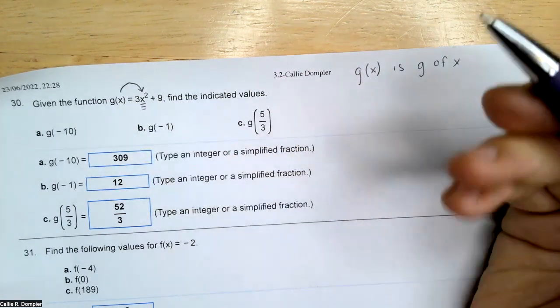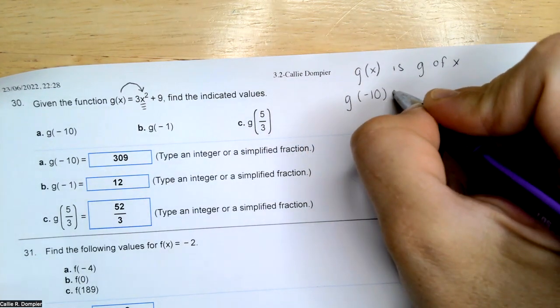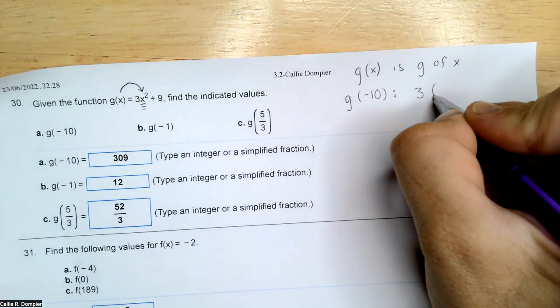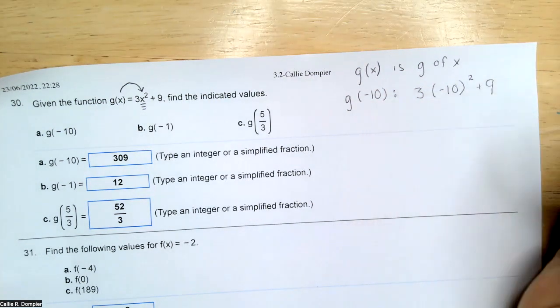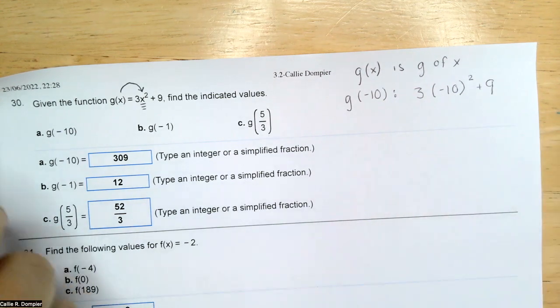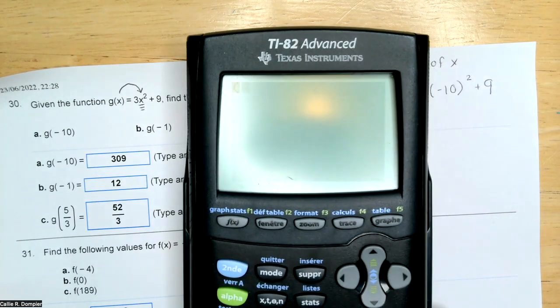Now this is g of negative 10. G of negative 10 means take that x, turn it into a negative 10. 3 times negative 10 squared plus 9. Now put it into your calculator. Don't forget the parentheses because you have to take that negative 10 and square it. Negative 10 squared is 100, but negative 10 without the parentheses squared is negative 100, okay?